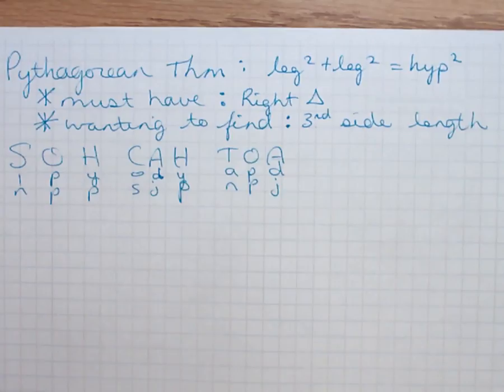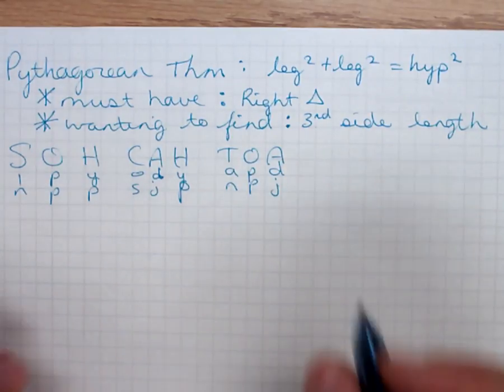An angle and two measurements. In what type of triangle? In a right triangle.